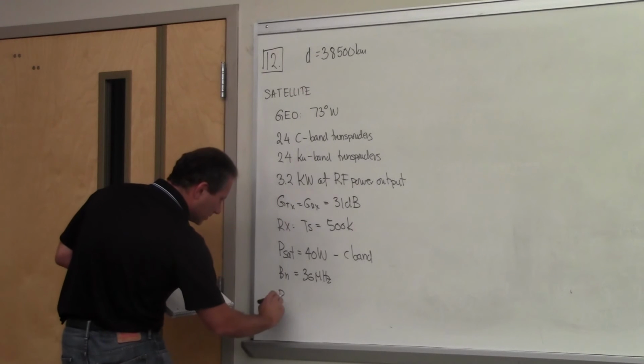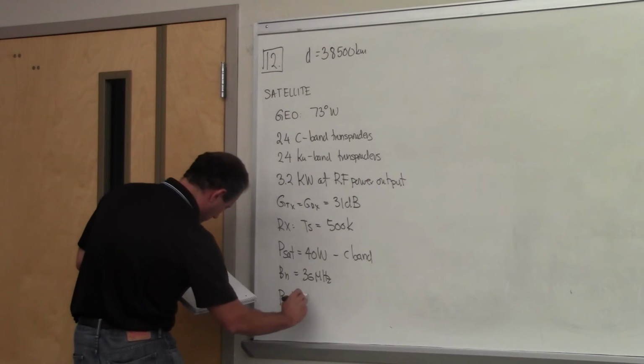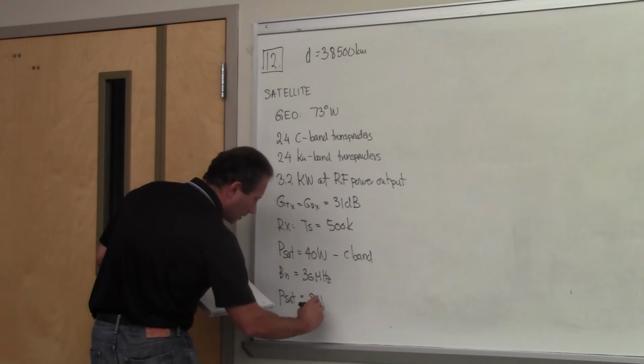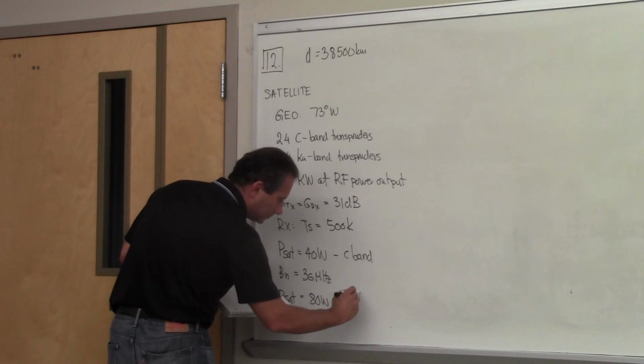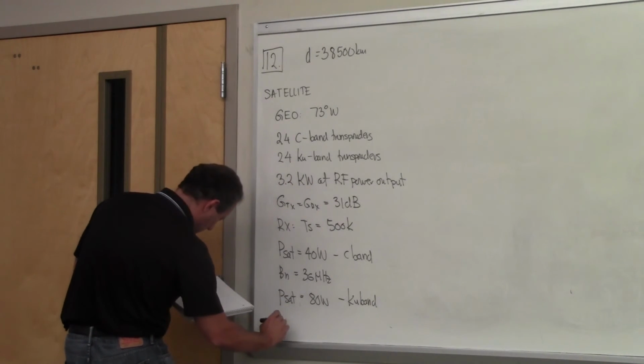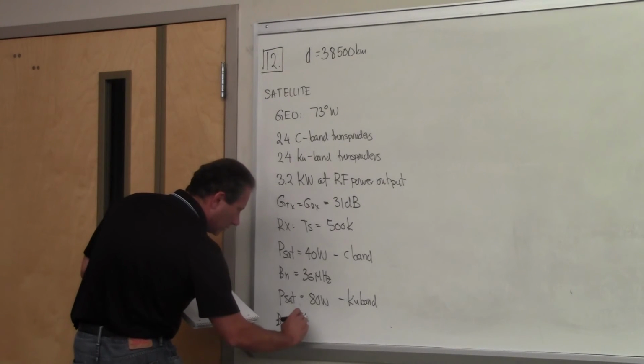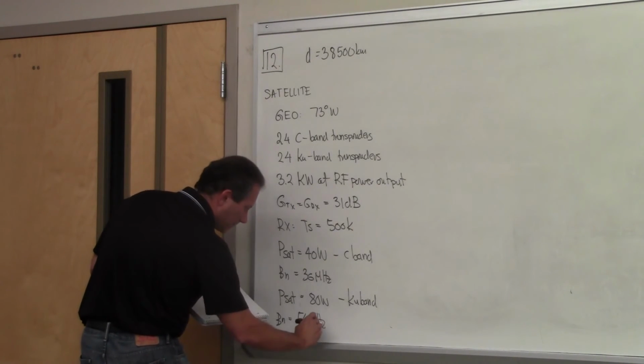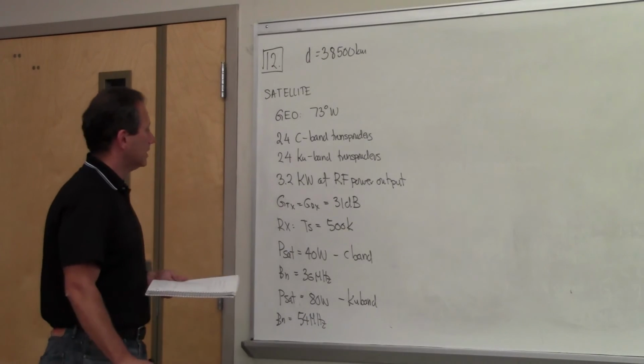Saturated power is 80 watts for Ku-band, and the noise bandwidth here is 54 megahertz. So this is all satellite data.